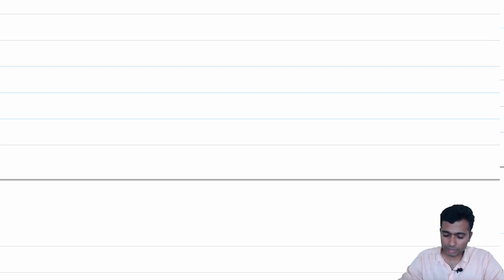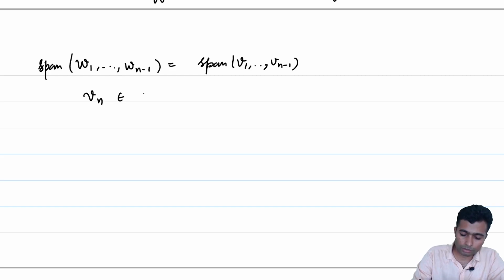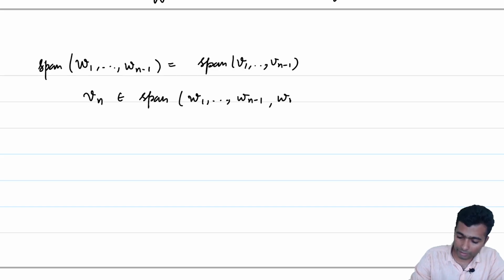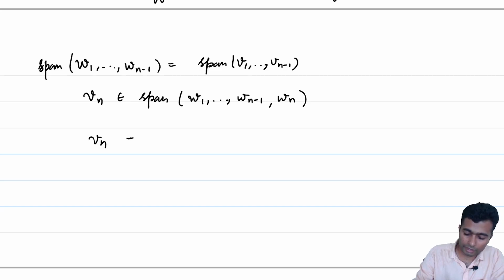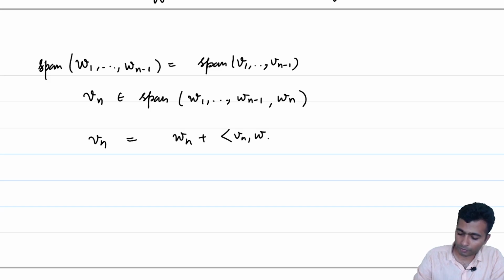And we also know that Vn belongs to the span of W1 to Wn minus 1 and Wn. Why is this the case? Because if you recall our definition of Wn, by rewriting, Vn just turns out to be equal to Wn plus inner product of Vn comma W1 by the length of W1 square times W1 and so on.